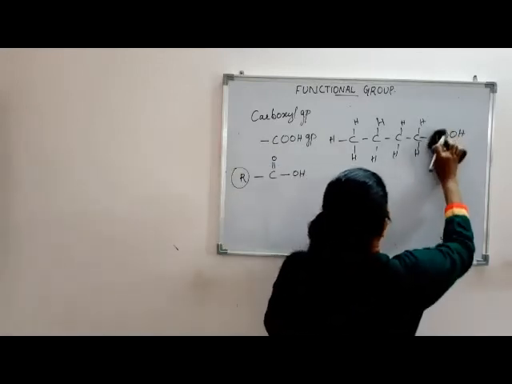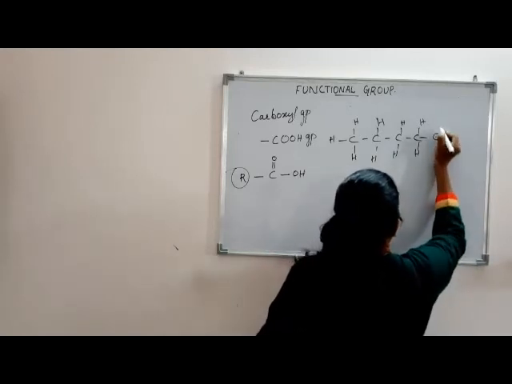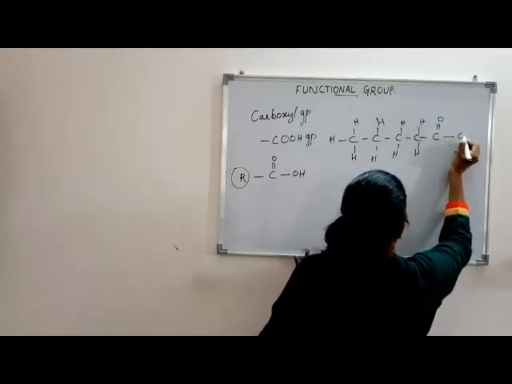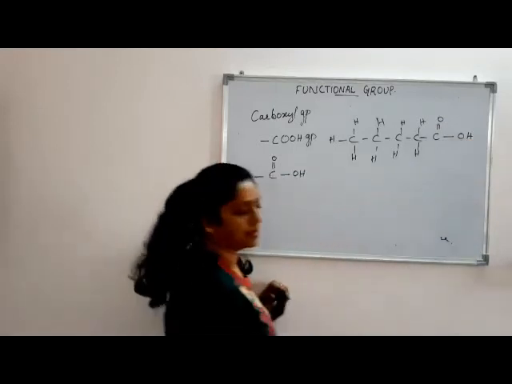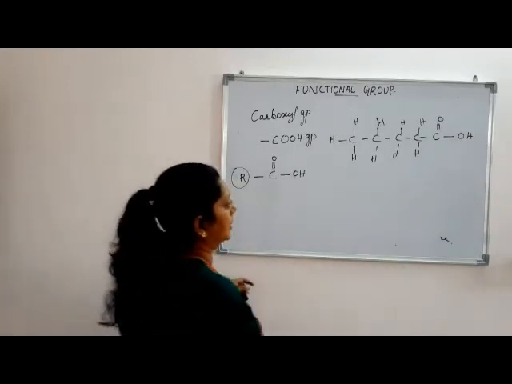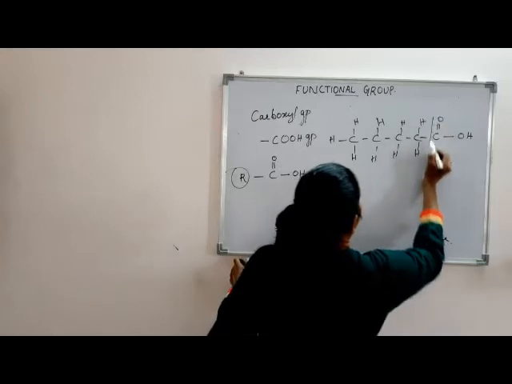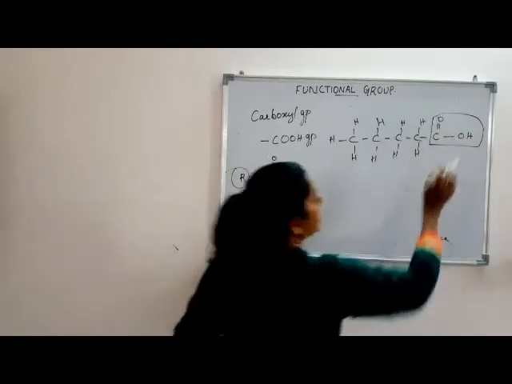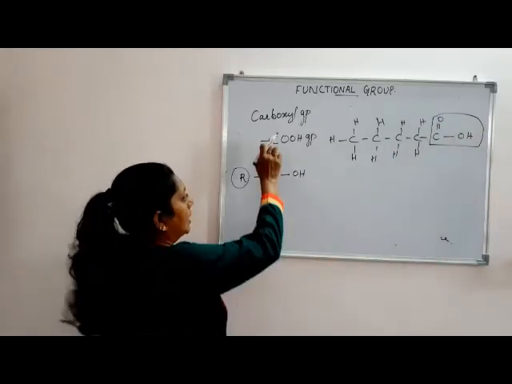We can write the structure like this: C double bond O, single bond OH. Now the valence of the carbon atom is satisfied. This is the functional group present here. It is COOH, that is the carboxyl group.